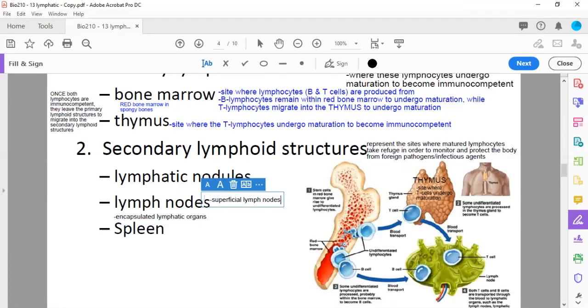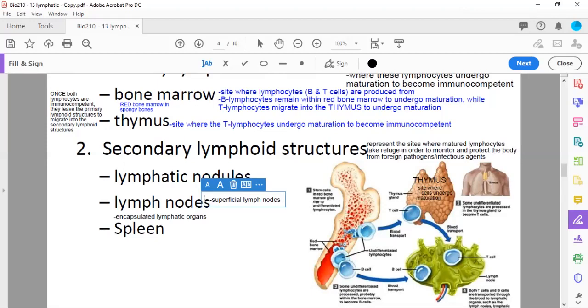To be more precise, lymph nodes are very scattered, meaning you have groups of lymph nodes and so on. The purpose of being scattered is so they can filter more of the lymph. But the superficial lymph nodes group together in various locations.